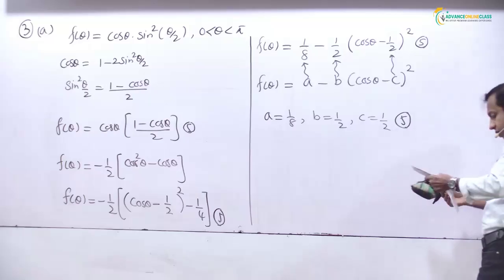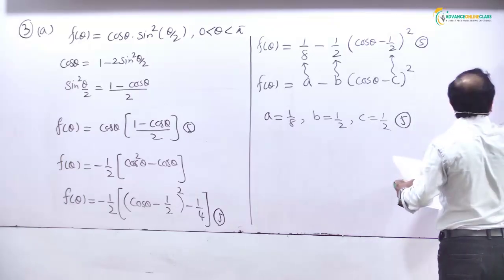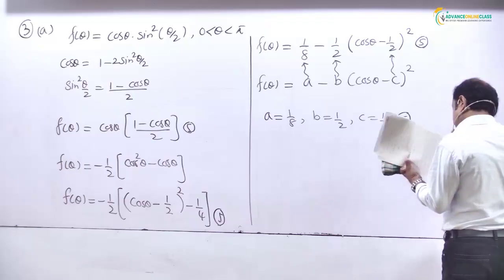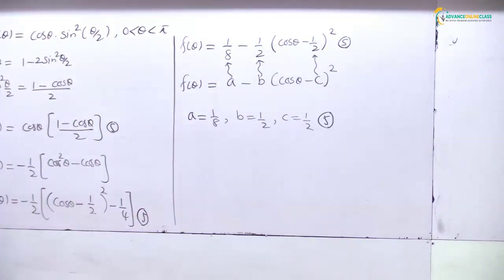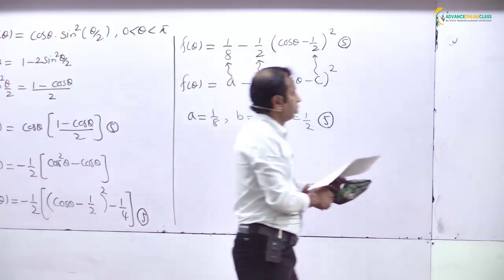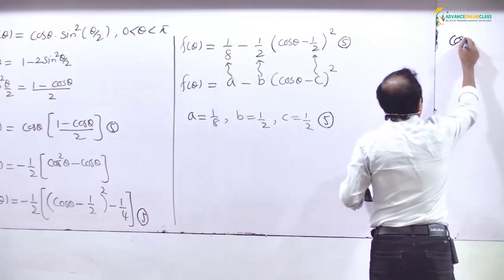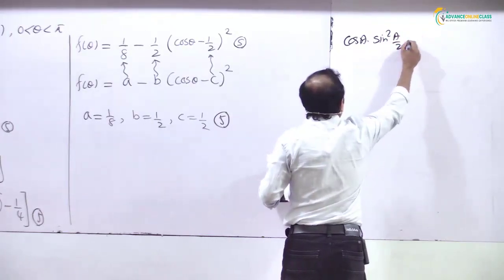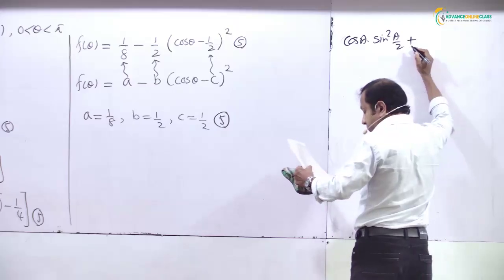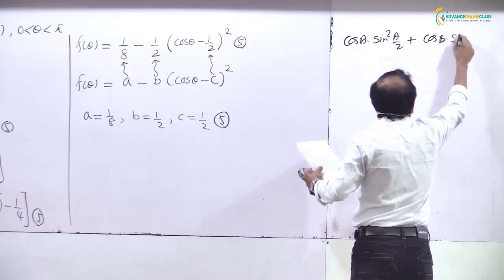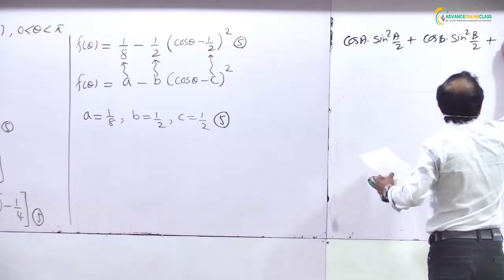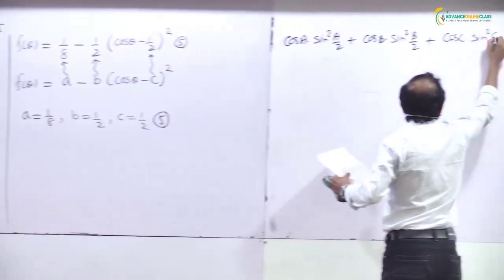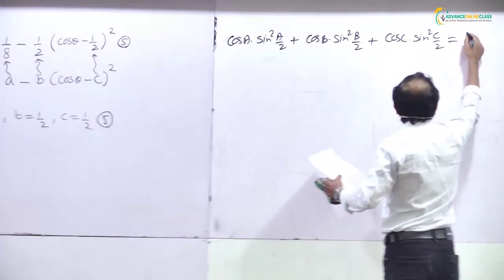Okay, now next part is this, no? Cos A into sin squared A by 2, cos B into sin squared B by 2, cos C into sin squared C by 2 equals 3 by 8.